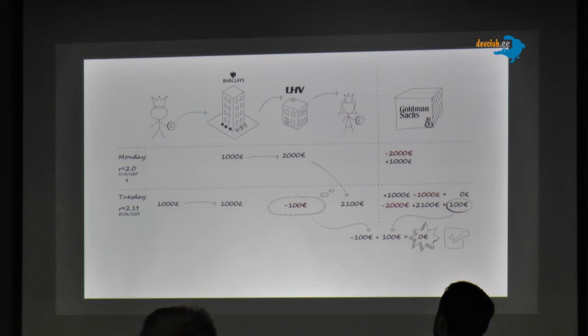So you can just play around with this. Let's say what happens if the rate goes down to 1.9. Then we would have to pay out 1,900 euros, so we would earn 100. But the short would actually get a loss of 100. So it doesn't really matter.